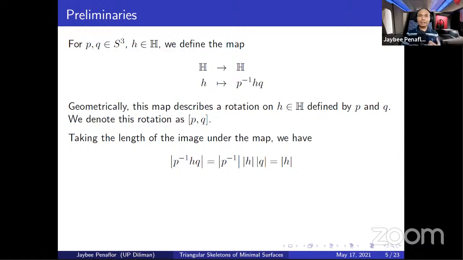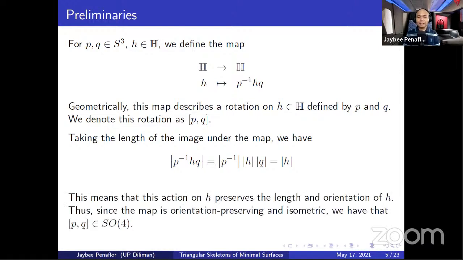Therefore, we can say that this rotation, square bracket P comma Q, is orientation preserving and isometric. And therefore, square bracket P comma Q is an element of the special orthogonal group SO4.